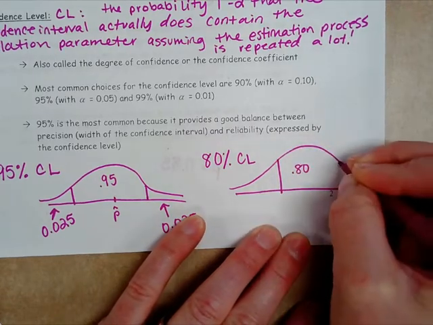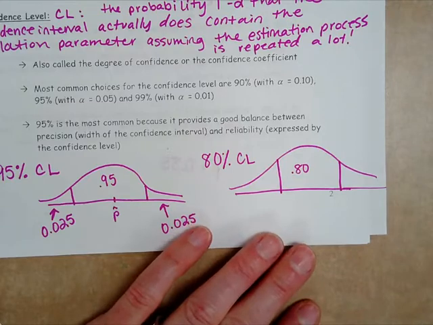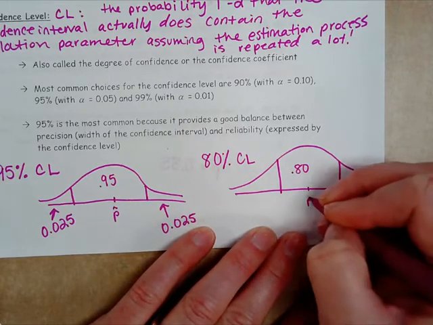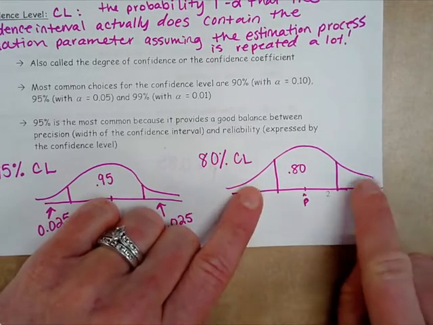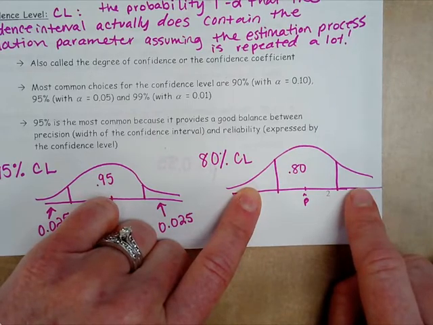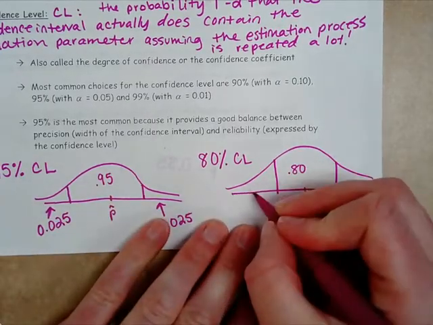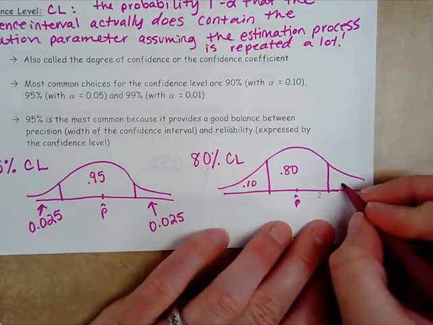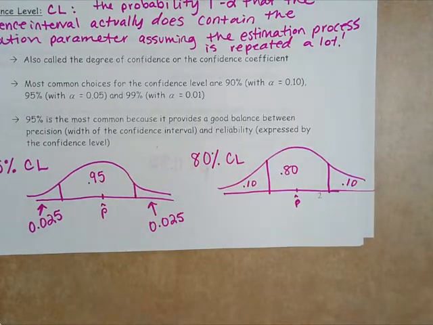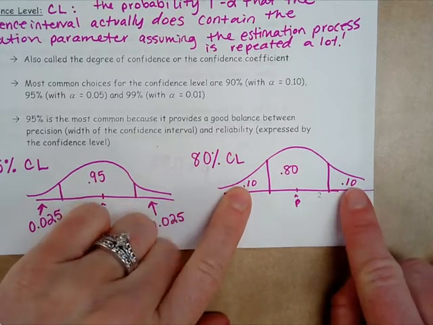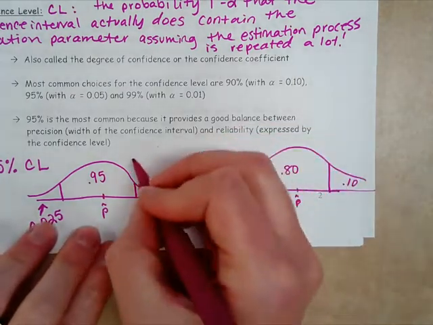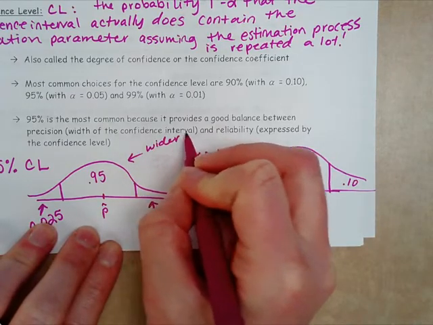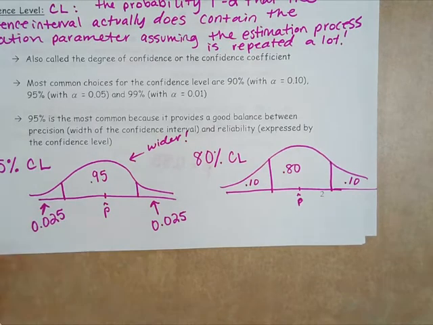So let's say it's more like that, with P, or P hat, in the middle. Then on both sides, in your 2 tails, you have 0.20. But you've got to cut it up into 2s. So this would be 0.10 and this would be 0.10 in your 2 tails. So together it's 0.2 in 2 tails. In 1 tail it's 0.10. So this is wider. Bigger area means it's wider.